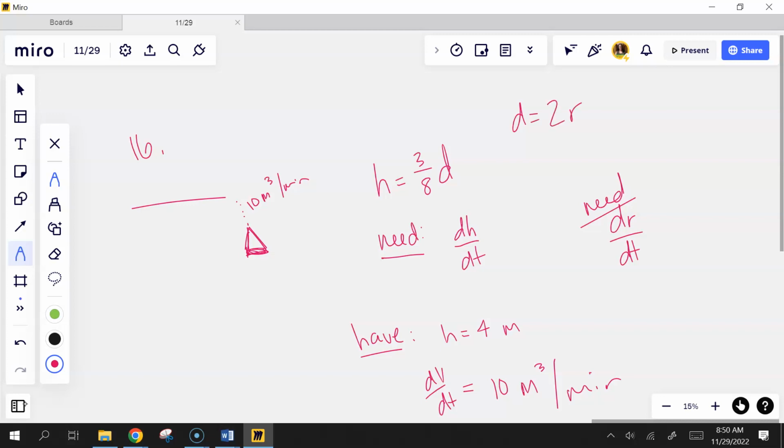That's going to relate my r back because I need a dr/dt, right? So instead of saying that the height is 3/8 times the diameter, I'm going to say the height is 3/8 times 2r, which is 3/4 r.